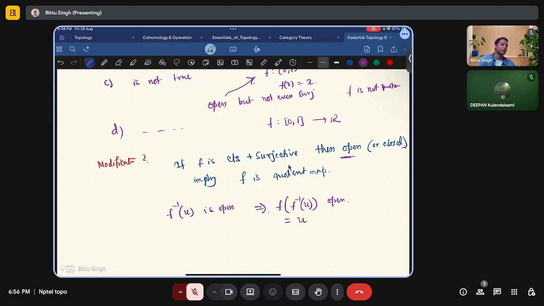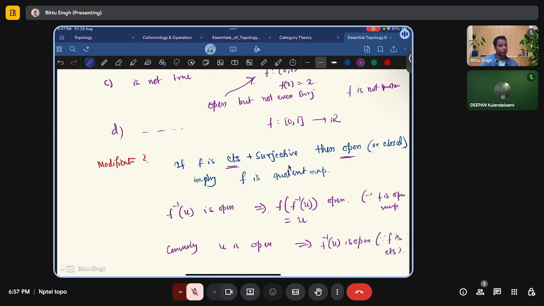Therefore we have proved that F inverse of U open implies U is open, and the converse follows directly from continuity. Conversely, if U is open, then F inverse of U is open, since F is continuous.